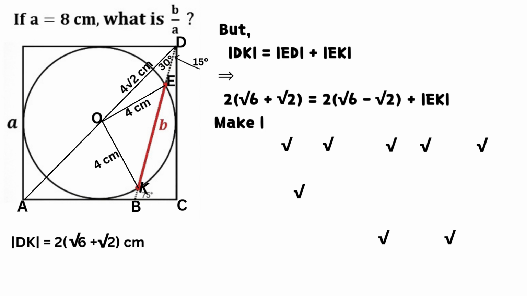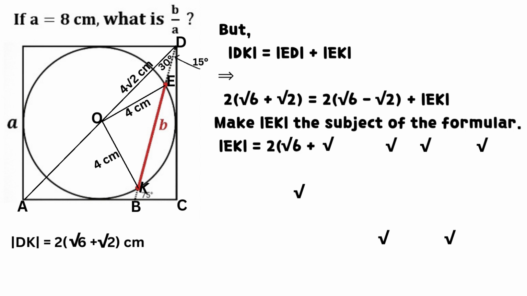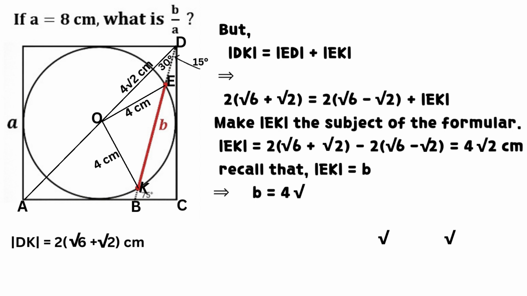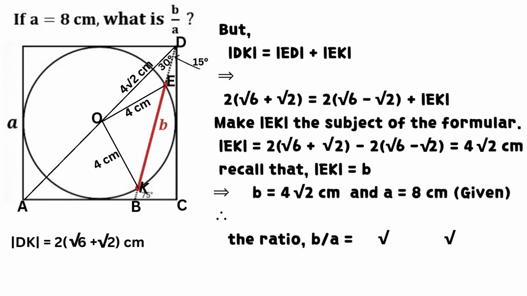But line DK equals the sum of line ED and line EK. It implies that 2 times the sum of the square root of 6 and the square root of 2 equals the sum of 2 times the square root of 6 minus the square root of 2 and line EK. Make line EK the subject of the formula.